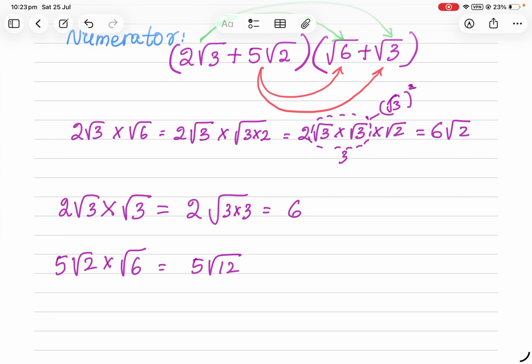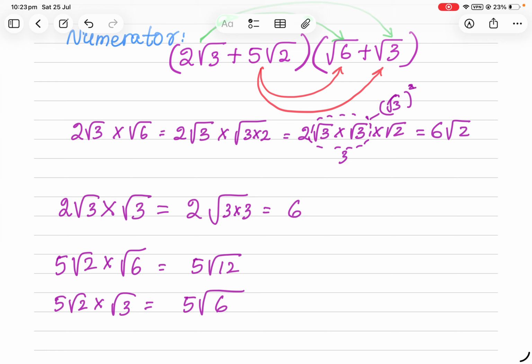And for the last one, 5 square root of 2 times square root of 3 is 5 times square root of 6, because 2 times 3 under the square root, you would have multiplied that and you would get square root of 6.